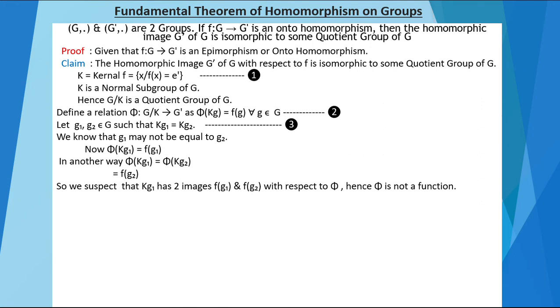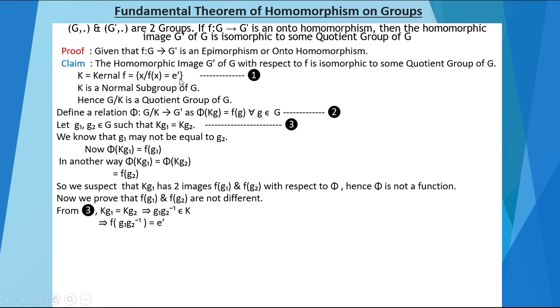From (3), Kg1 equal to Kg2 implies g1 g2 inverse belongs to K. So by the definition of kernel, the image of g1 g2 inverse with respect to f is the identity element. f of g1 g2 inverse equal to e dash.